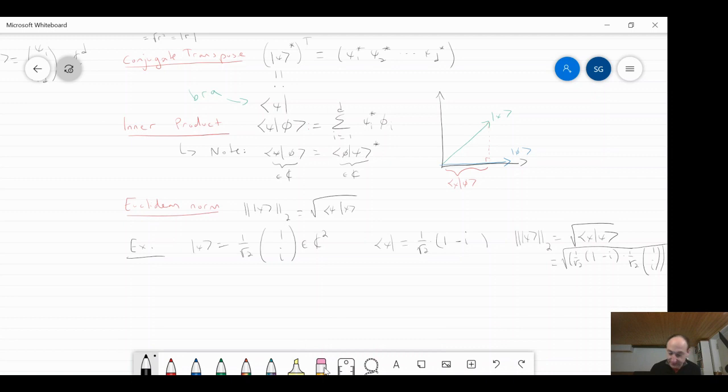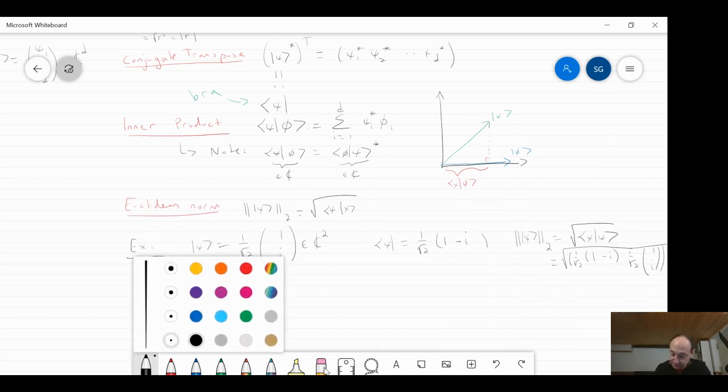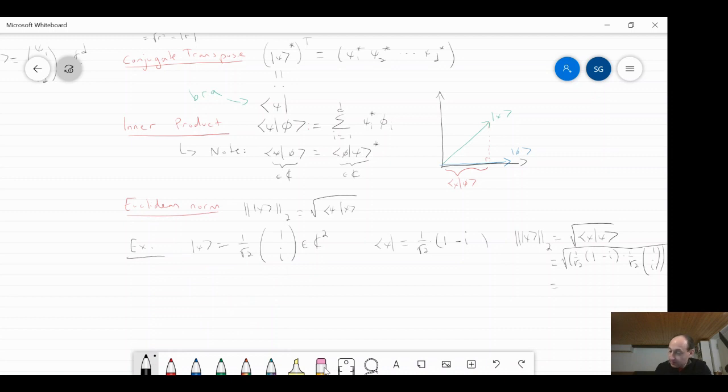Okay, forget about it. So what happens here is the 1 over root 2 squared is a half, of course. So that's going to just come out, and then I'm going to have this inner product. So what is this inner product?